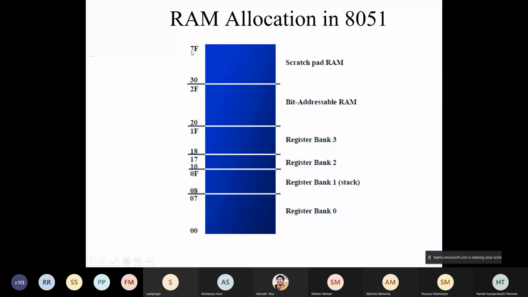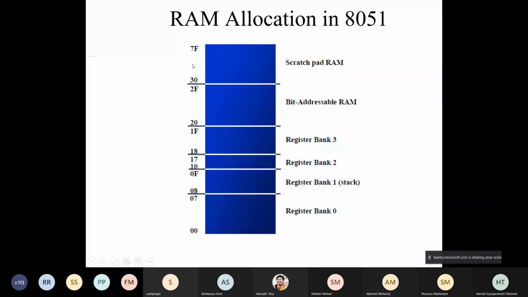But the total number of locations is 128 or 256. This is the 0th location, and this is the 127th location if it is the 8051. If it is the 52, this will be the last location, FF, which is equivalent to 255.